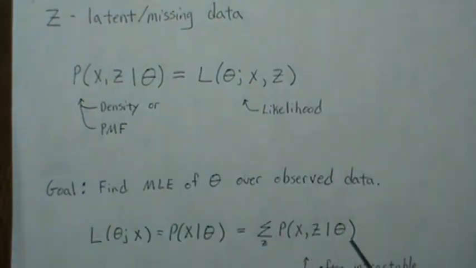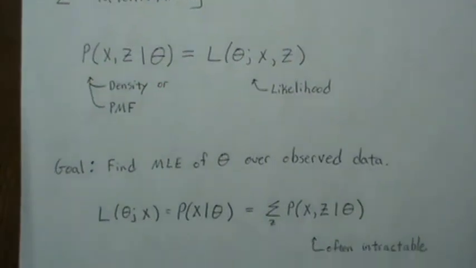So it takes our joint probability mass function, sums out the Z's, which gives us this, and then we're going to maximize this likelihood function to find the MLE for theta, and that's a semicolon, not a J.